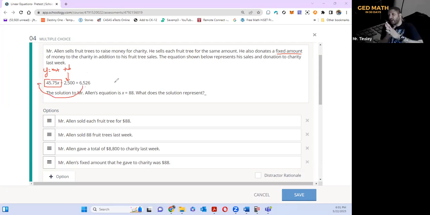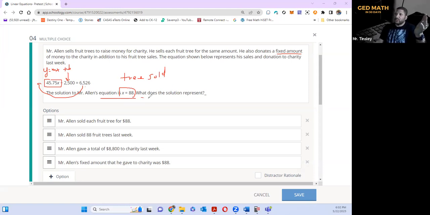Okay, but what they're trying to do is identify what this 88 means. X equal 88. They're giving it to you. So what that 88 means is the number of trees sold. But that's not what they're asking.